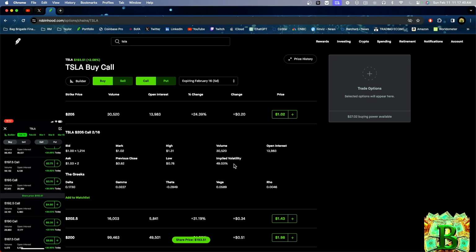That is called IV crush. You could be so right and almost to the money, but yet not close enough. And the extrinsic value gets crushed because the implied volatility has been substantially reduced. And that does affect the price of your contract. So you have to keep that in mind as well.